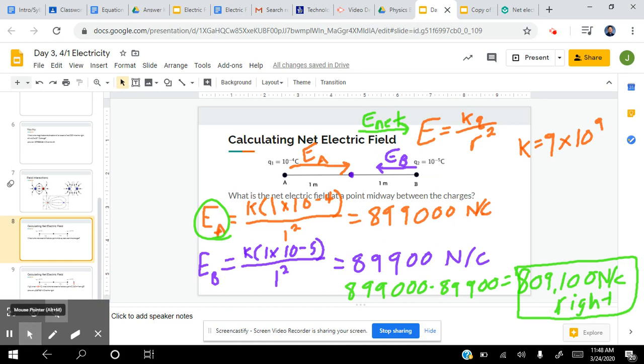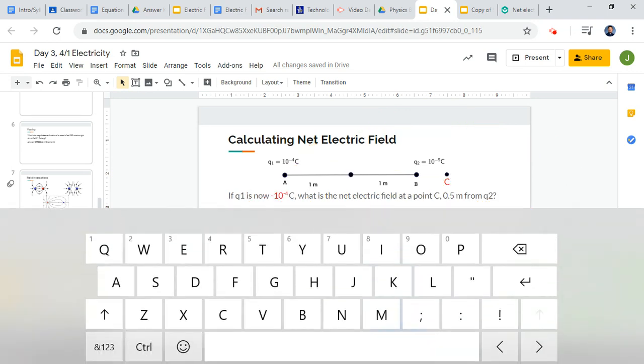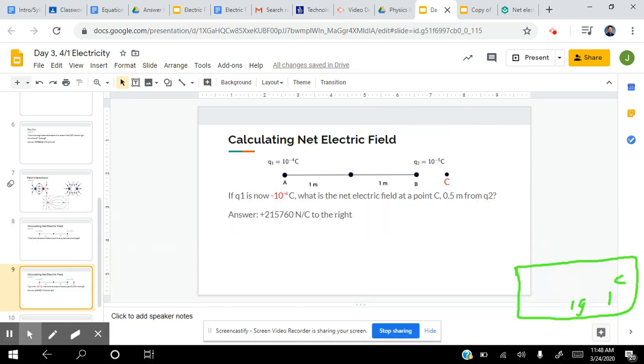You can go ahead and try one on your own for calculating the net electric field. The few differences I made on this one that I want you to keep in mind as you try this one on your own is I have now made Q1 a negative 10 to the negative fourth.